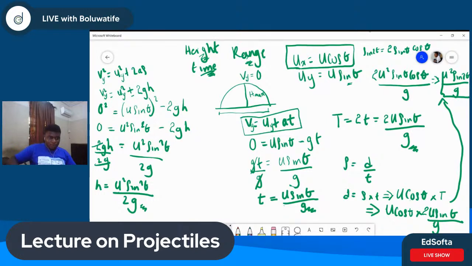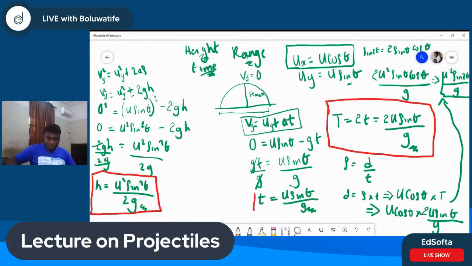So these are our formulas. Let me highlight them with a red pen. This is formula 1, this is formula 2, this is another formula, and this is the last formula.